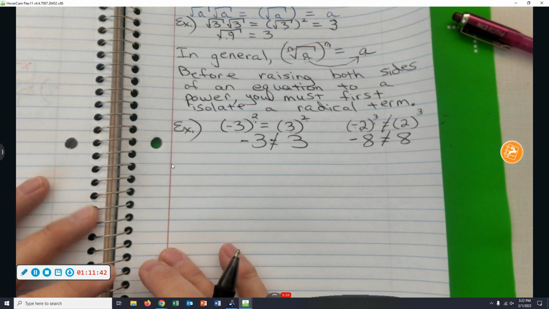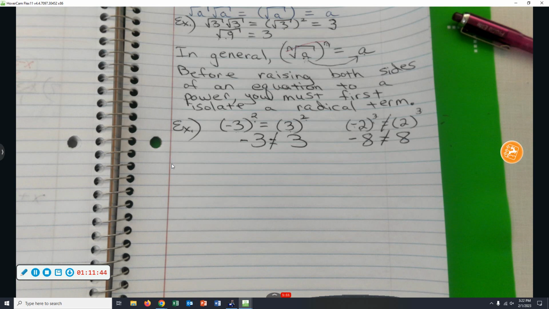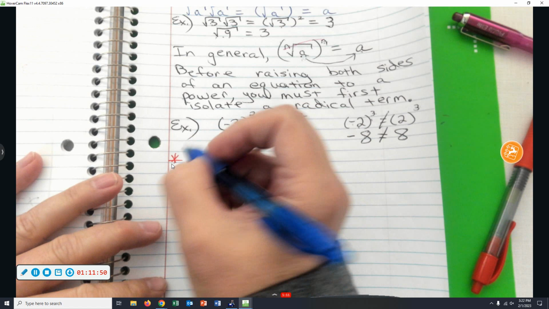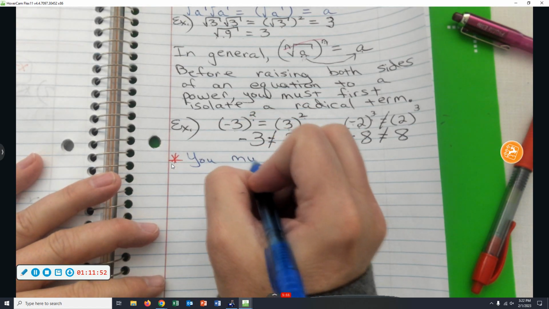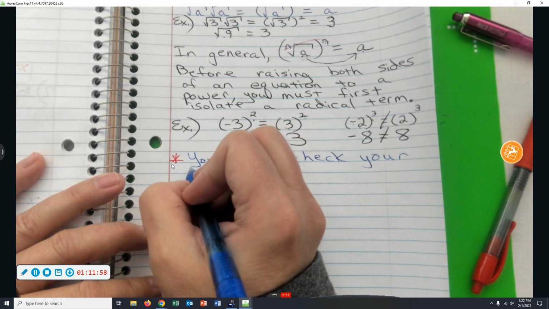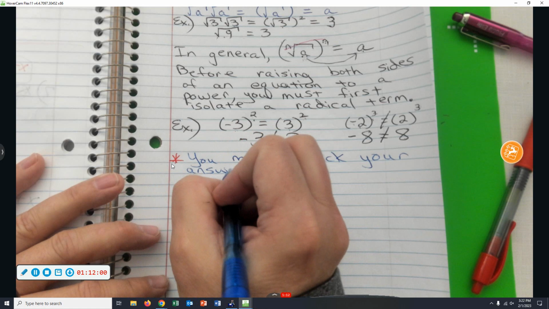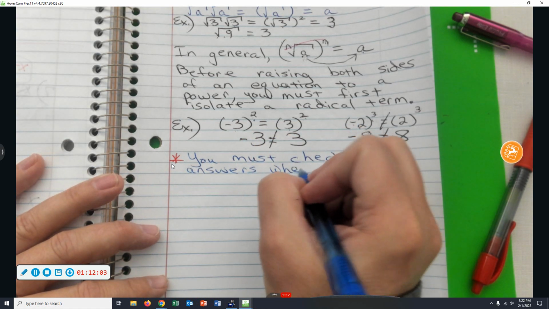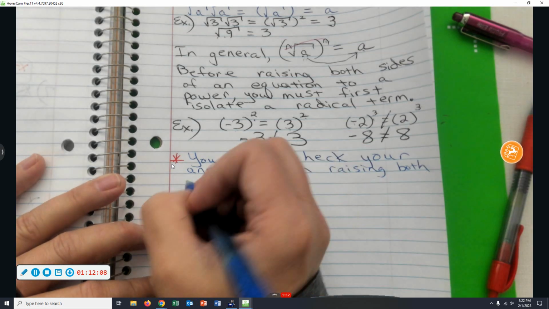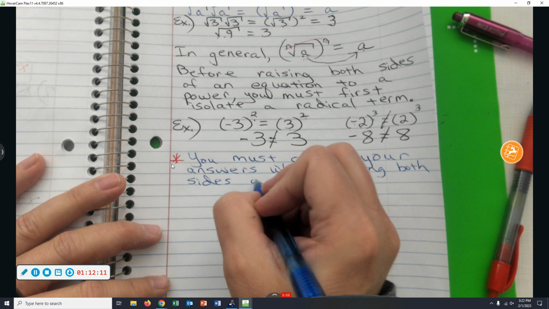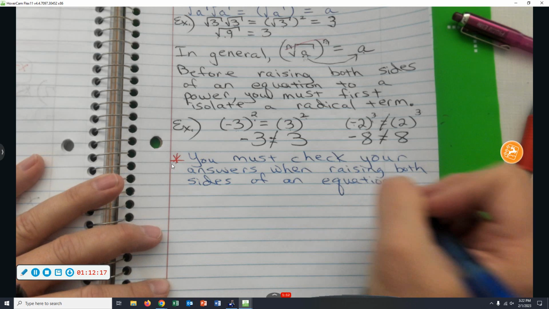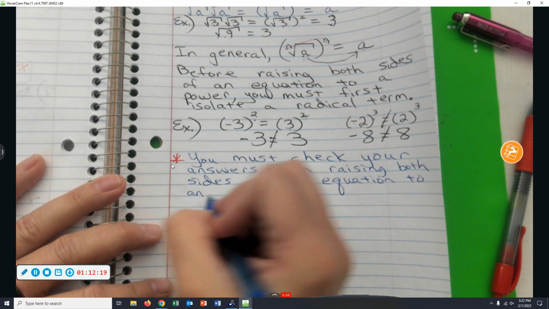Okay. So, enough talking. Why don't you write on it the red rule, something like: red rule, you must check your answers when raising both sides of an equation to an even power.